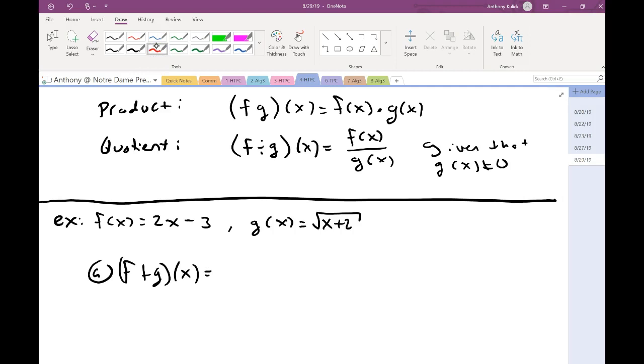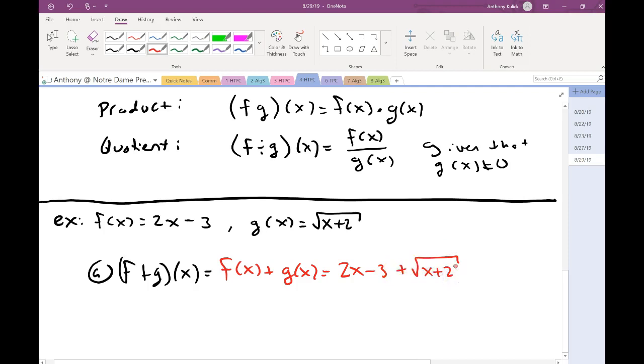So if I want to compute f plus g of x, we just discussed above that we can do that by adding the individual functions. So I can just do f of x plus g of x. F of x is just the expression 2x minus 3, and g of x is the expression the square root of x plus 2.